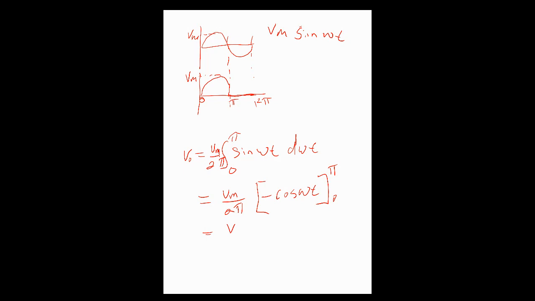So we have Vm over 2 pi. What do we get here?